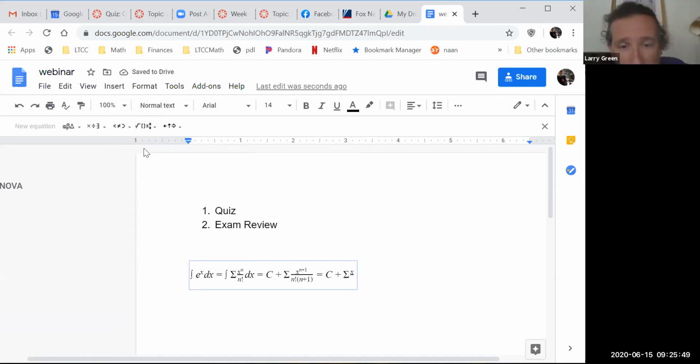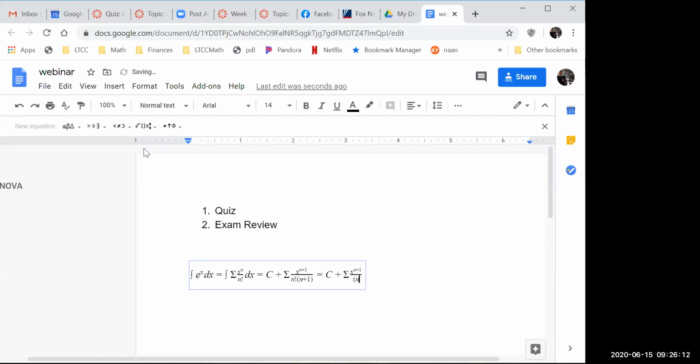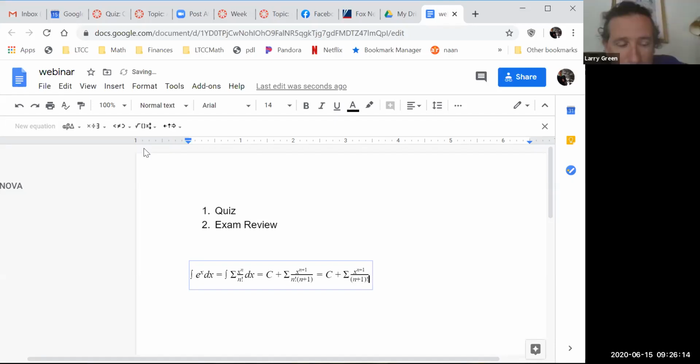No, but in general, what is it? Here's the hint. Think about n equals 5, for example. That's 5 times 4 times 3 times 2 times 1 times 6, which is the same as 6 times 5 times 4 times 3 times 2 times 1. So what's n factorial times n plus 1? It's n plus 1 factorial. Yeah, n plus 1 factorial. Is that clear?